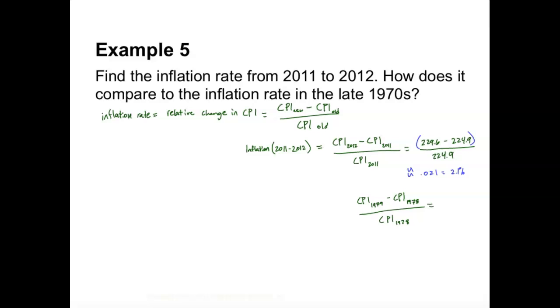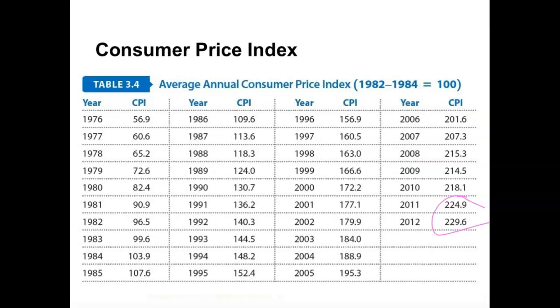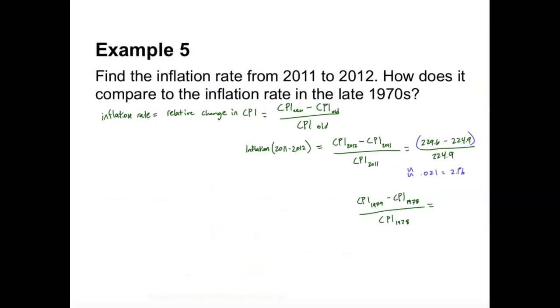All right, so we just need to look up those two values. So 78 and 79, are, oh, no, 77, 78, are 65.2 and 72.6 respectively.